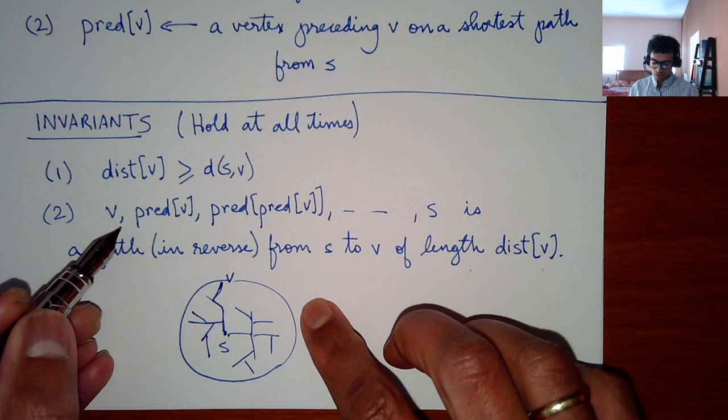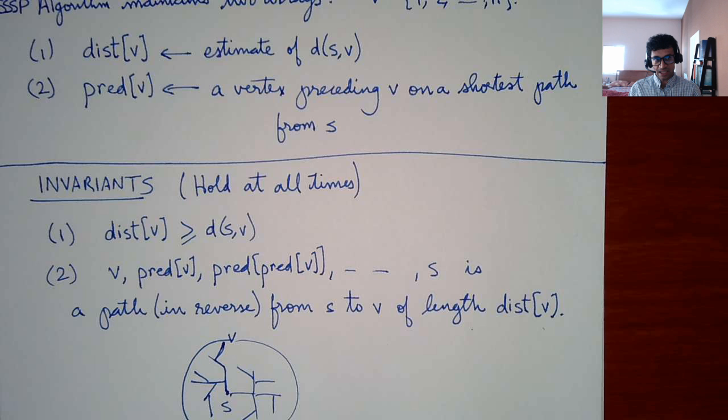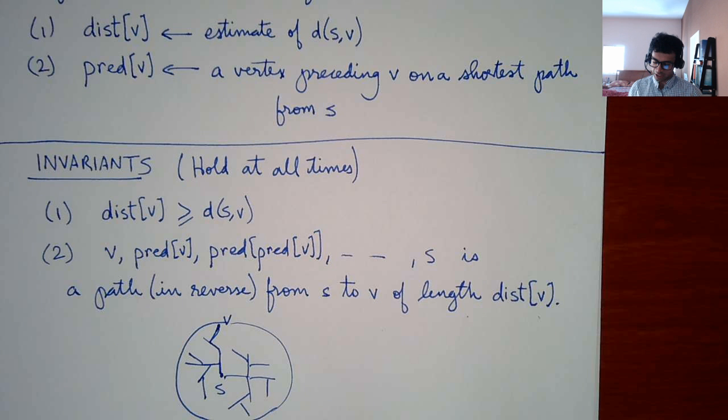Another way to think of this invariant, or the data structures being maintained, is really that S is maintaining some guess for the shortest path tree, and it's going to keep updating this guess. The tree is maintained basically by the predecessor array. It is also going to maintain the length of the path in that tree, and it's going to call that dist v.